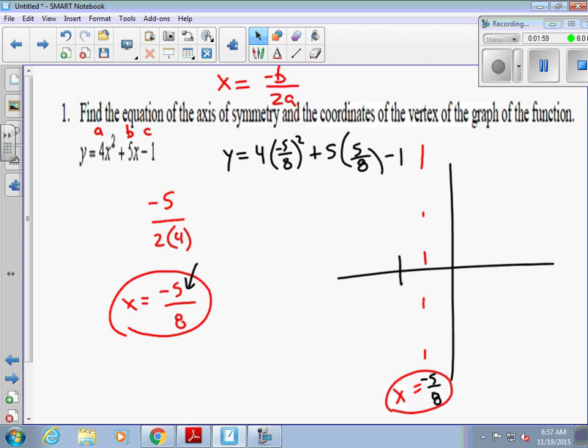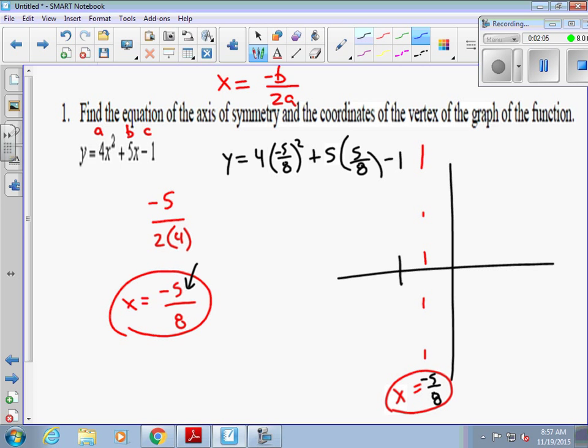So we have to simplify this entire problem and square negative 5 over 8. So negative 5 squared is positive 25. 8 squared is 64.